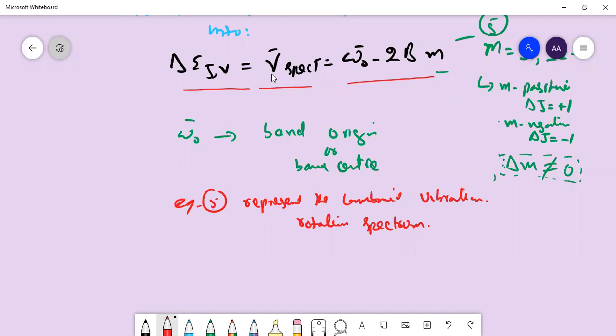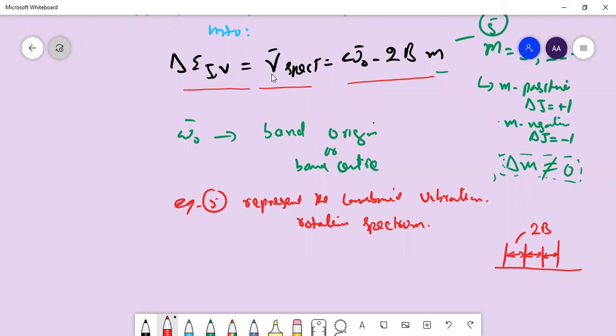Evidently, it will consist of equally spaced lines. In the spectrum, the spacing between the respective lines are equal. Means if these are the spectrum lines, then the spacing between the respective lines are equal, and it is equal to our 2b, as we have seen in our rotational spectrum.